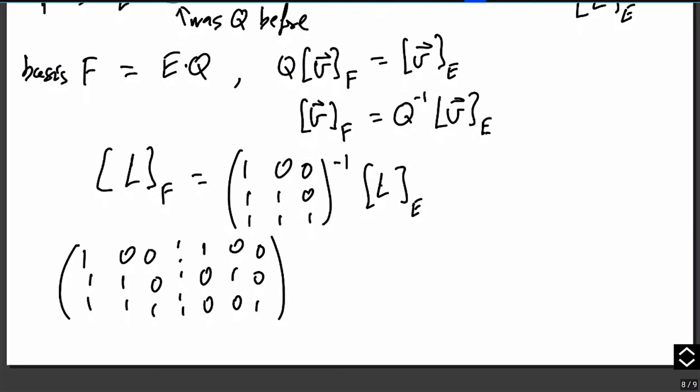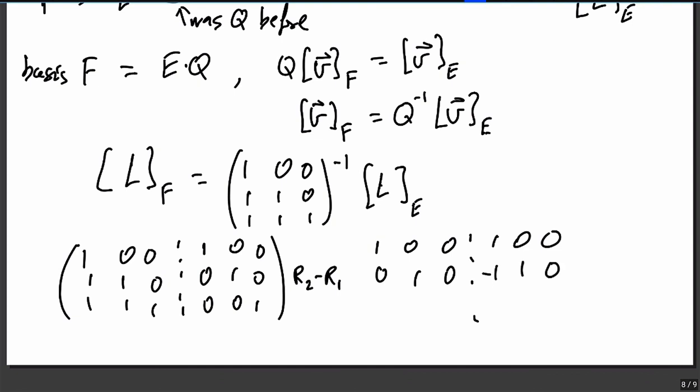So we have to subtract from the second row the first row. We get 1 0 0, 1 0 0, 0 1 0, minus 1 1 0.